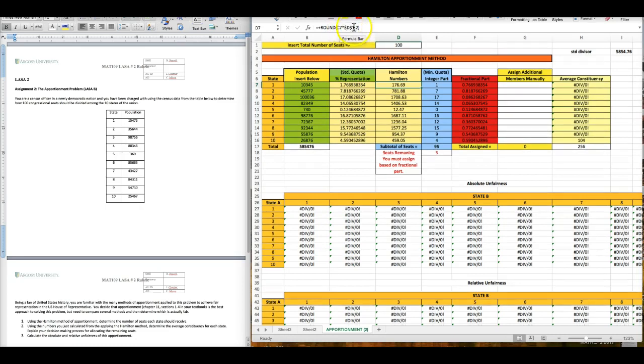I'm trying to read this to make sure that I'm telling you right. So we got C7 and we're multiplying it by D1 and we're rounding to 2 decimal places, okay? So here, D1 is this cell here, which is the total number of seats that we have, okay?